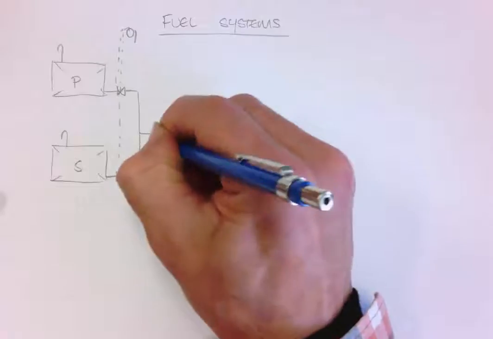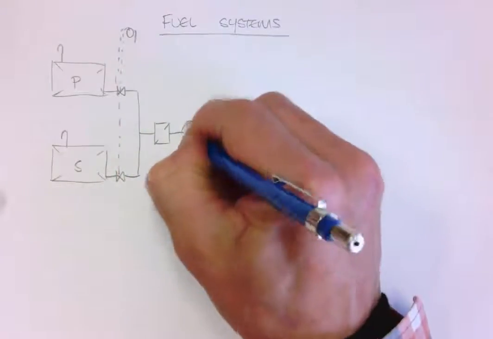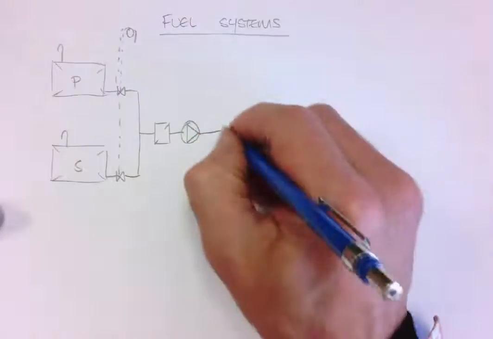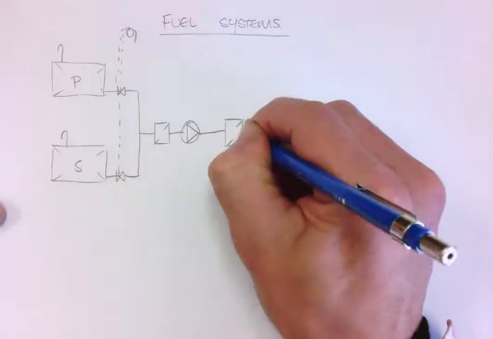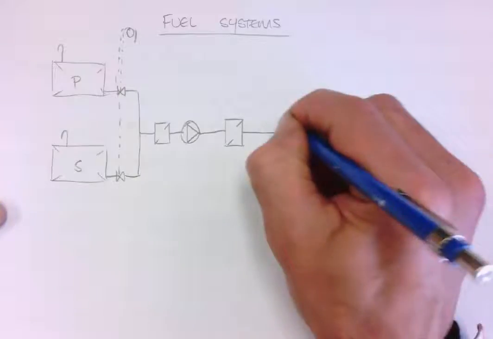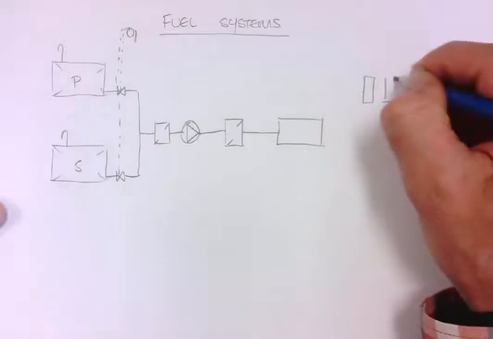This is the schematic symbol for a filter, so that's our primary filter. Lift pump, a secondary filter, and then we go to an injection pump, and I'll just draw a couple of injectors in there.